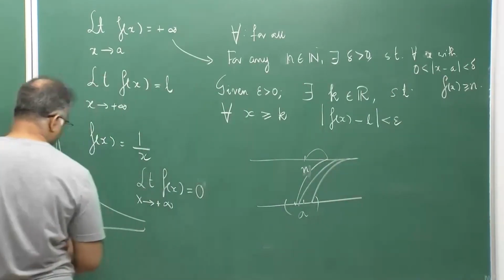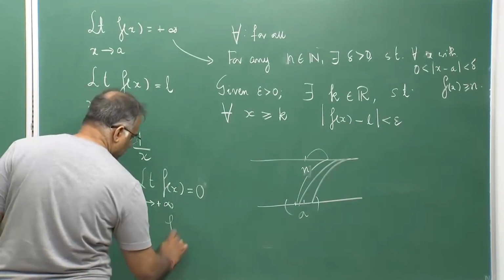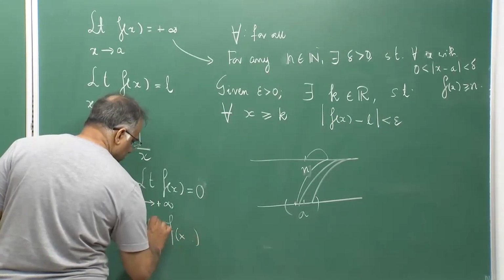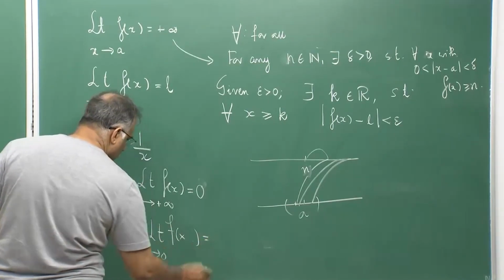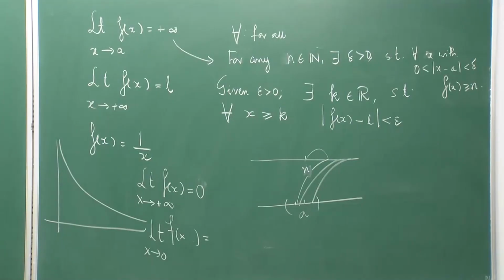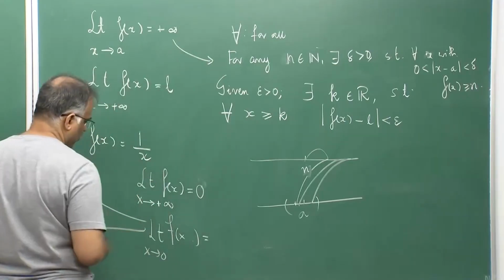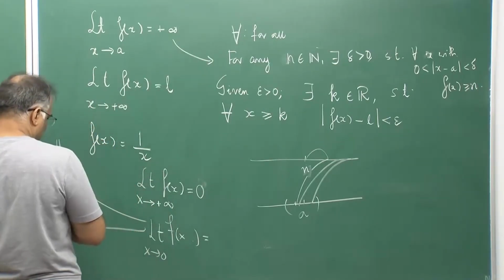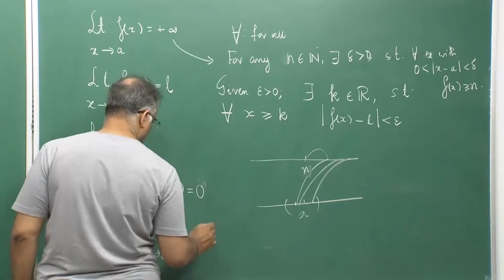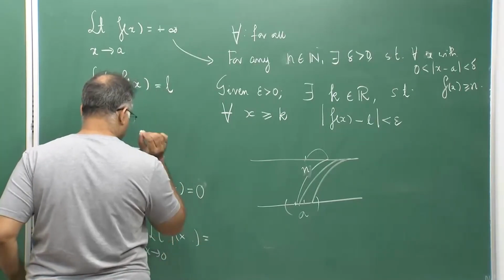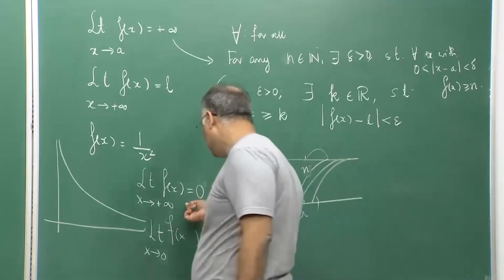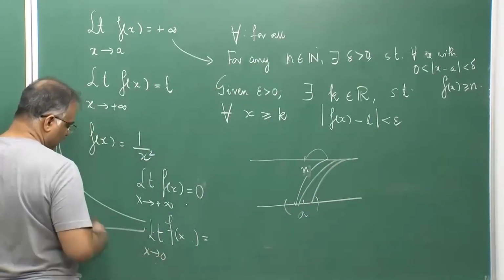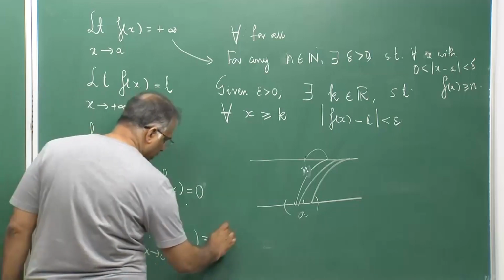For example, if you take the same function 1 by x, and if you look at the limit of f(x) as x tends to 0, I will just change the function a bit, I will take it 1 by x square. So the value would be positive whether it is on the plus side or minus side. Suppose I now take f(x) equal to 1 by x square, then this is also true, and limit x tends to 0, whether it is coming from the right side or left side, it does not matter.